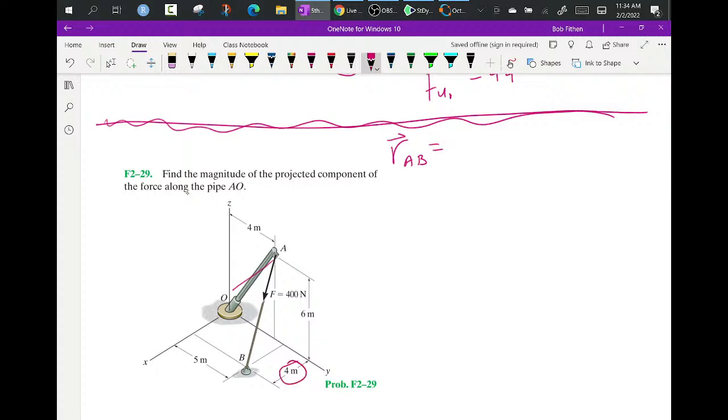I would need to go 4. Then how far out do I need to go? Well, this I've got to look at, because this is 4 meters out. This is 5 meters out. So for me, that means I've got to go 1 meter. And then how far down do I go? I've got to go down 6 meters.